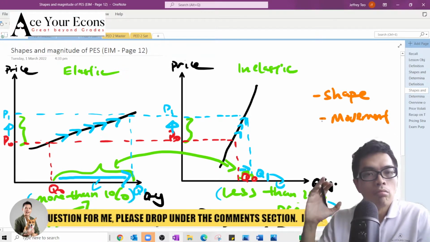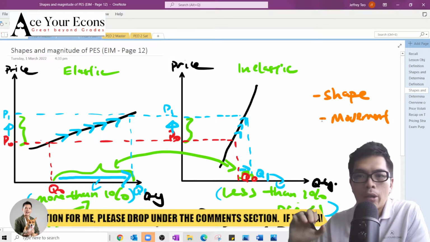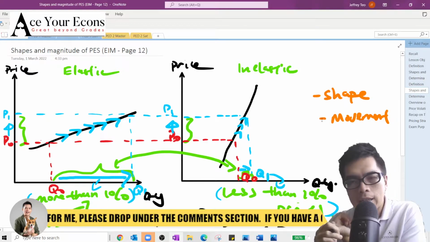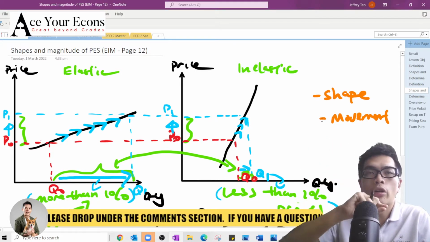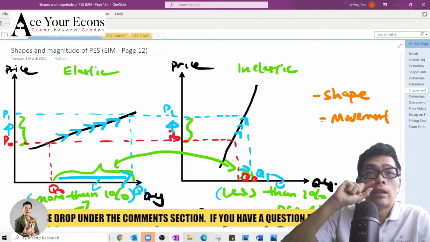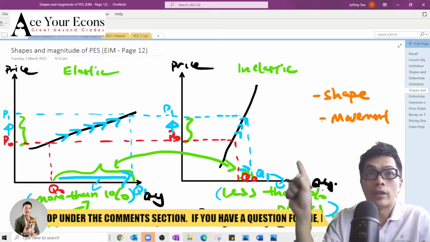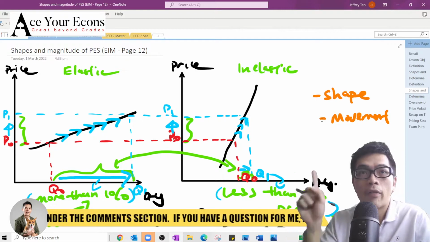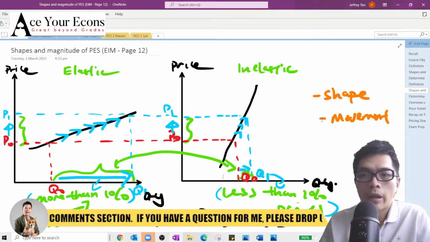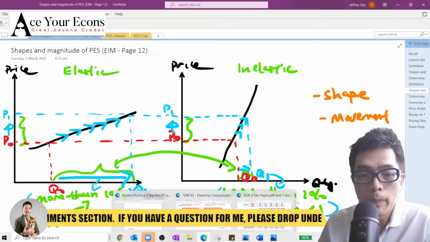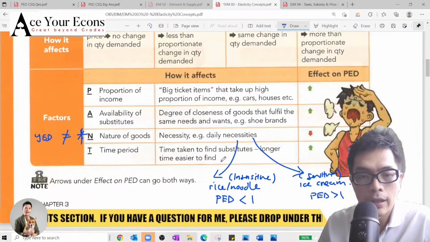Concepts that are similar to PED are looking at the shape, elastic, inelastic, steep and flat, and we are concerned about a movement along your supply curve. It's not a change in your supply curve, a change in your supply curve is where it shifts. Movement along the supply curve is what we call MINTS, M-I-N-T-S.